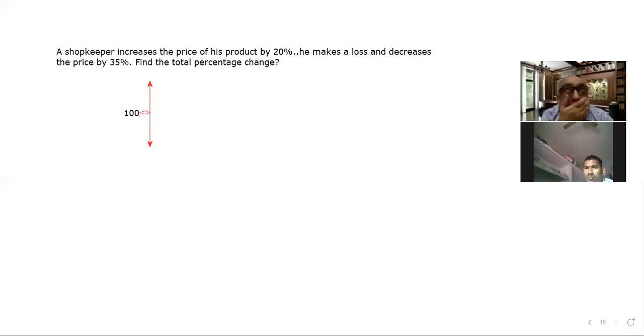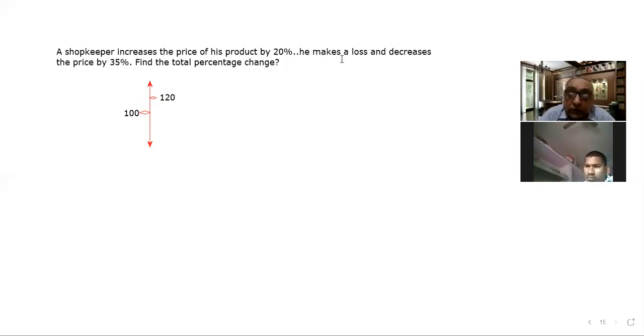Now what is there? The shopkeeper increases the price by 20%. It means 20% of 100, right? It means the shopkeeper has fixed the price here. 20% of 100 means the price is now 120. And when it was done so, then what happened? The shopkeeper started losing, right?